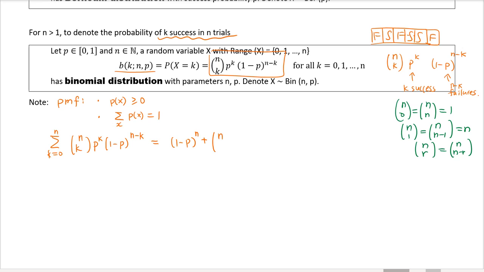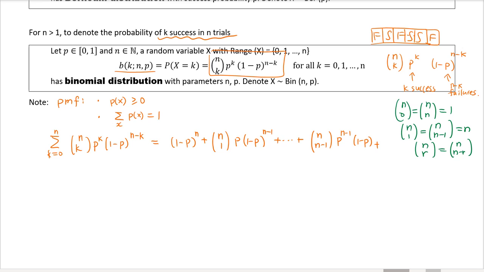And then we have n choose 1, p times 1 minus p to the n minus 1, etc. And then the second to last term, we have n choose n minus 1, p to the n minus 1, and 1 minus p to the 1.